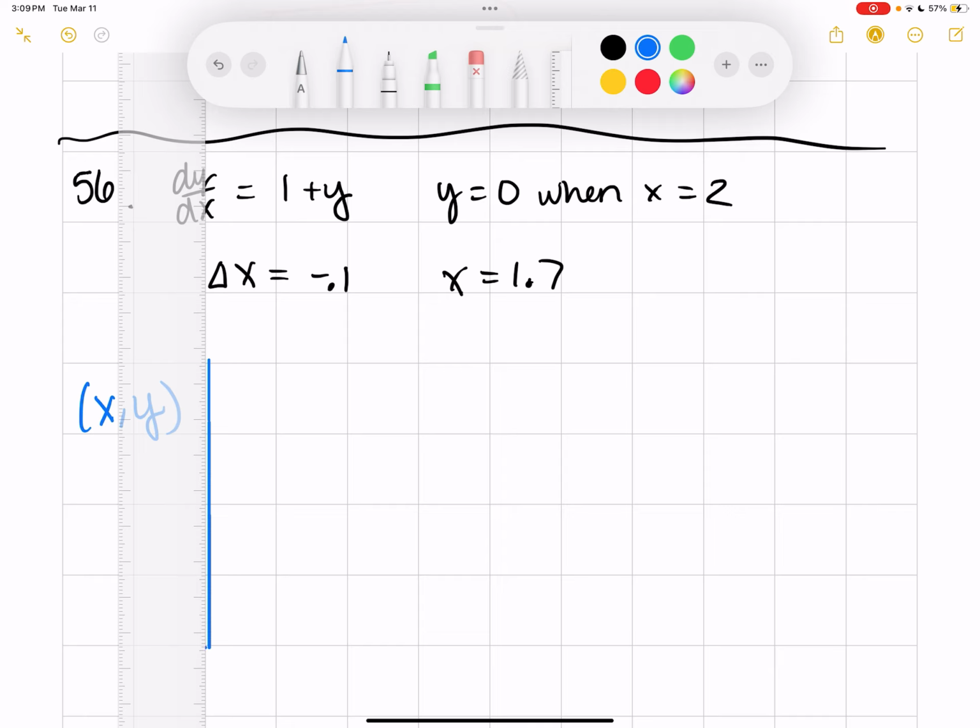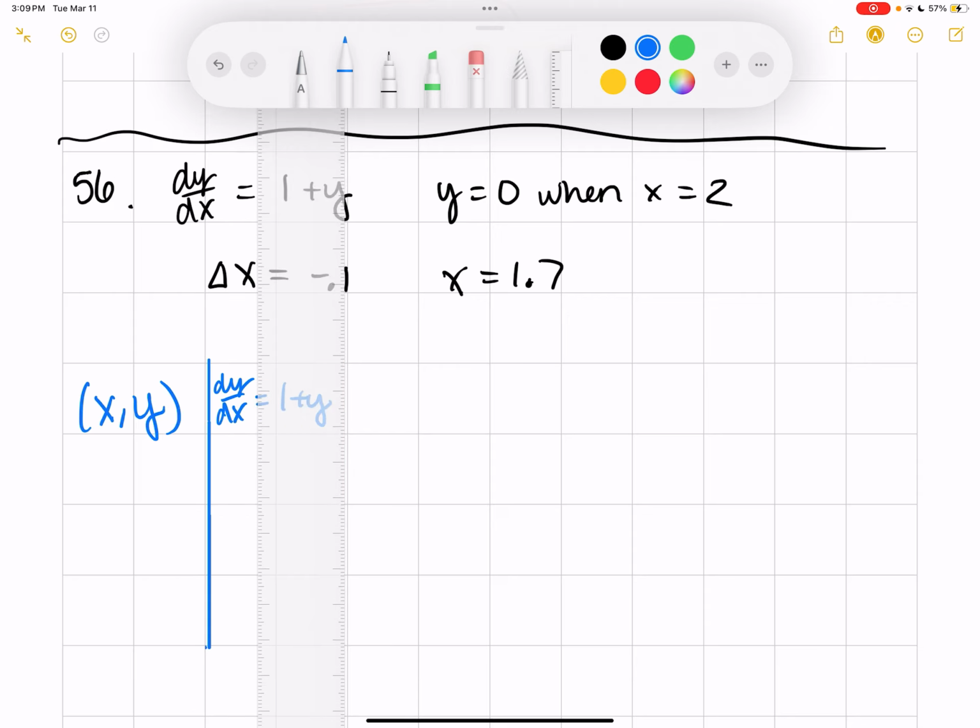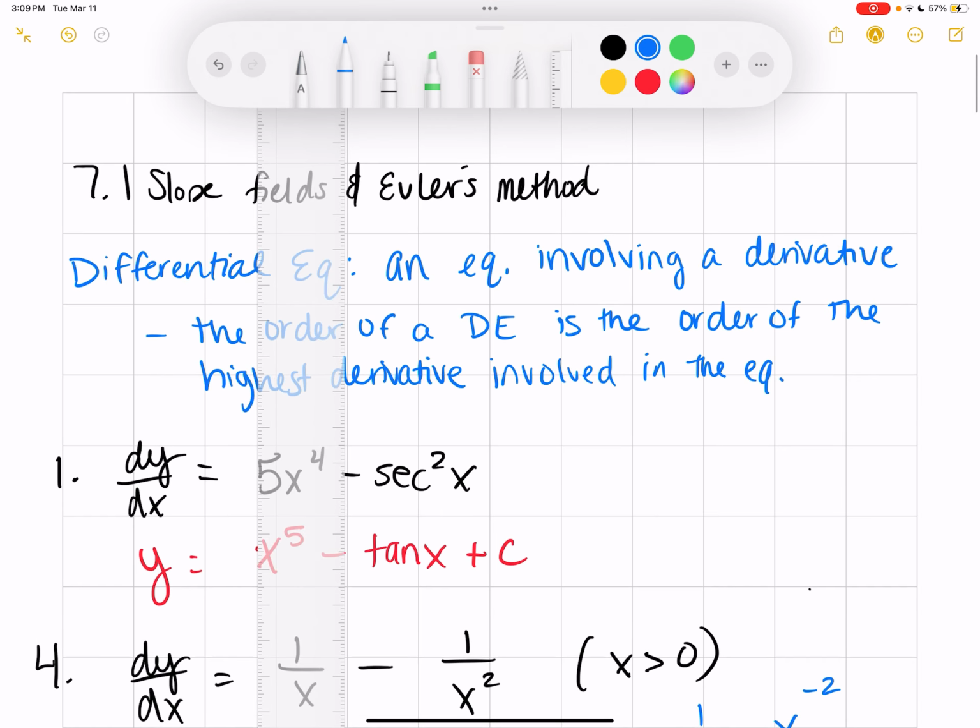On the other one, I had 2 mini equal signs for some reason.